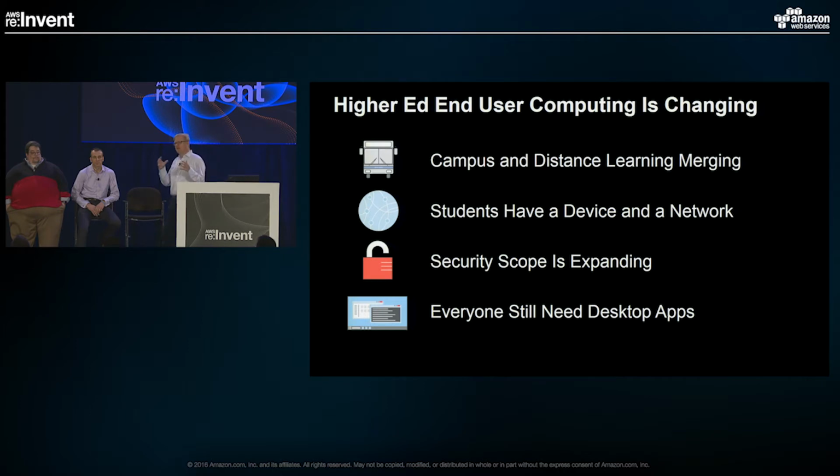Now, that's a little bit of background about Amazon Workspaces in general, but we've also really begun to dive in deeply with partners in the education space, and we began to learn a little bit more about what's going on in the education space that is uniquely addressed by Amazon Workspaces. So one of the top things we see is that there's really a merging of the different categories of student.